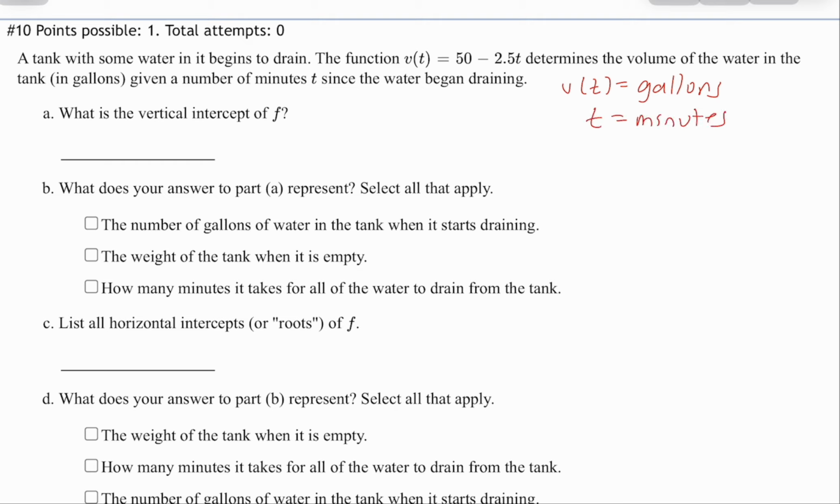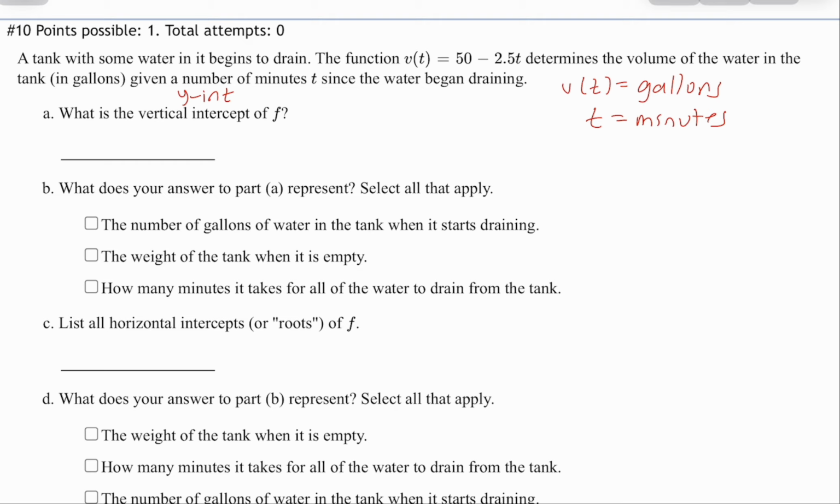So what is the vertical intercept? Remember, vertical intercept is a fancy way of saying the x-intercept. It is not, I'm sorry. The vertical intercept is a fancy way of saying our y-intercept. A vertical line goes up and down, the y-intercept goes up and down. Sorry.